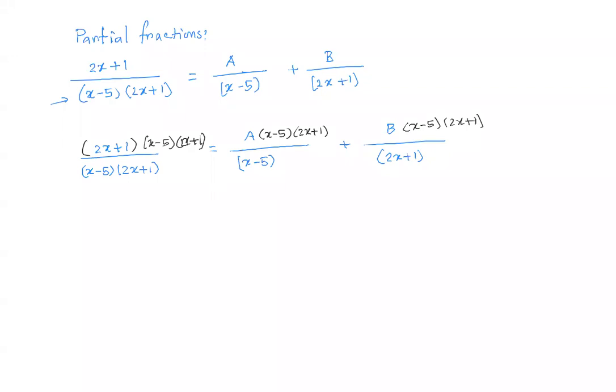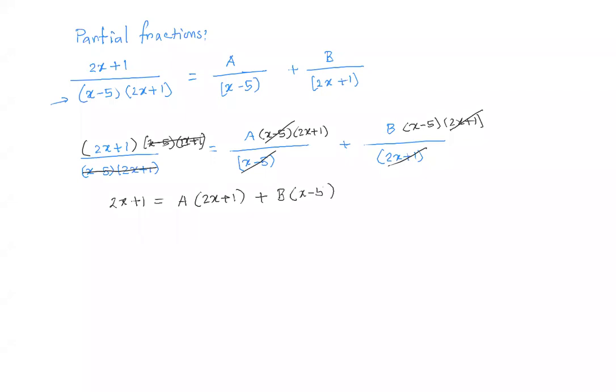Why did I do that? This and this are going to cancel. That's going to leave you with 2x + 1 on the left, and on the right there will be some cancellations. The (x - 5) cancels out, and that leaves you with a times (2x + 1), plus the (2x + 1) cancels out, which leaves you with b times (x - 5).